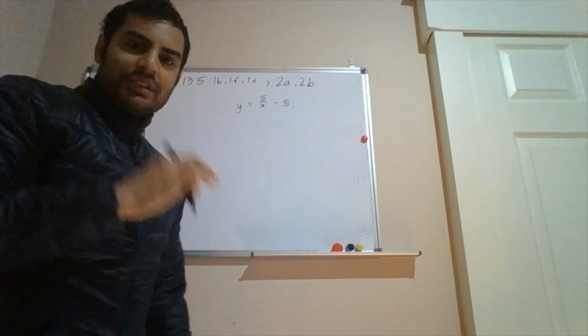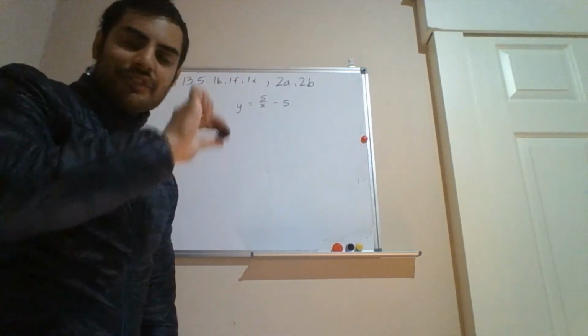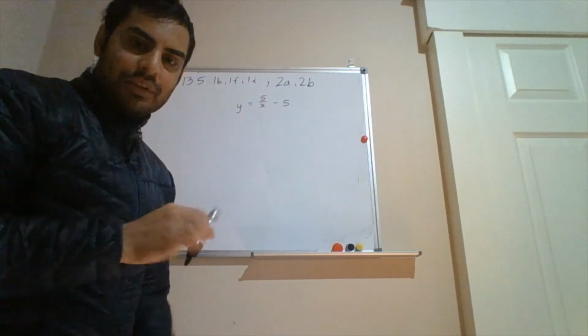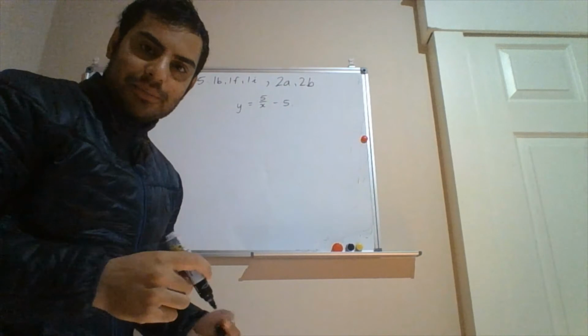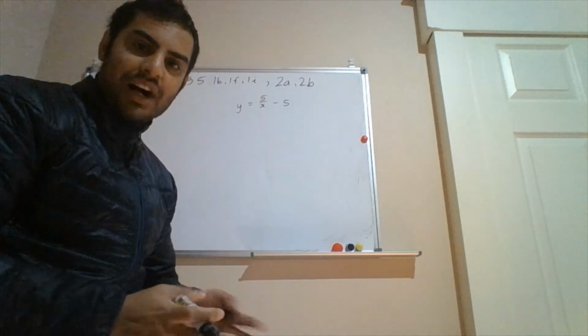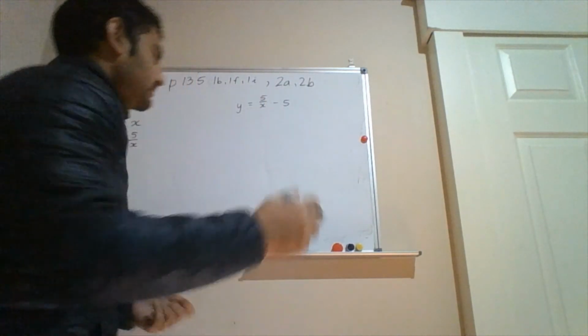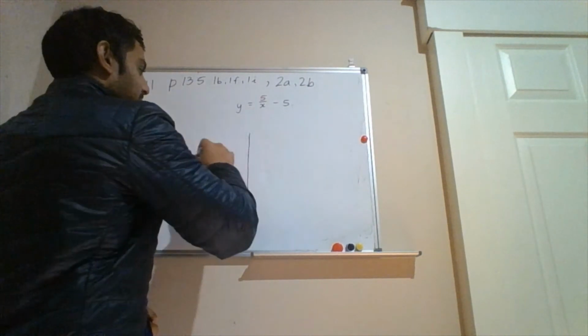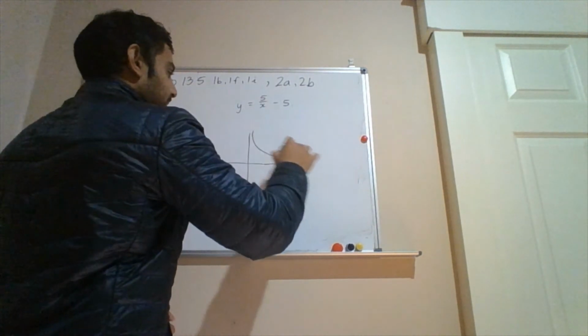Okay, so once I've done that, I'm just going to shift the x-axis 5 up. Shifting the x-axis 5 up is the same as shifting the y values 5 down. So let me show you what I mean in a rough sketch.